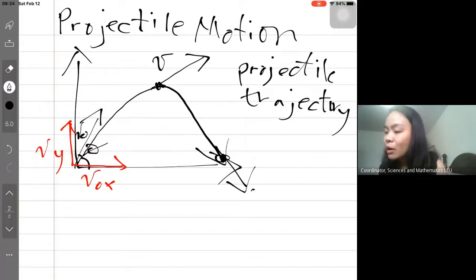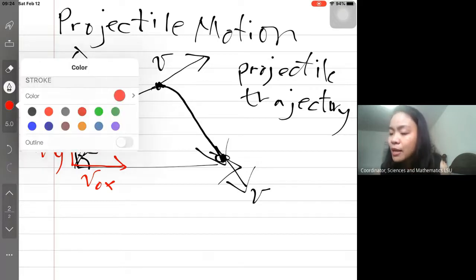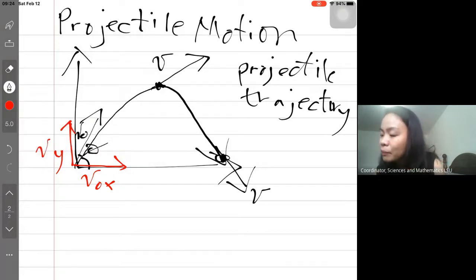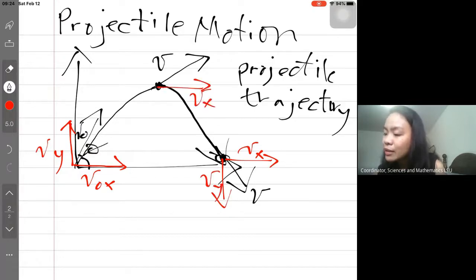So this will be our final velocity. We can also have the velocity at the highest point as a final velocity. Since it is a vector quantity, we have our x component and our y component.